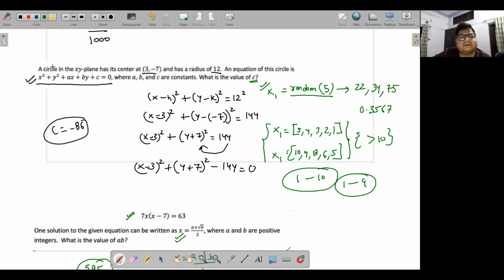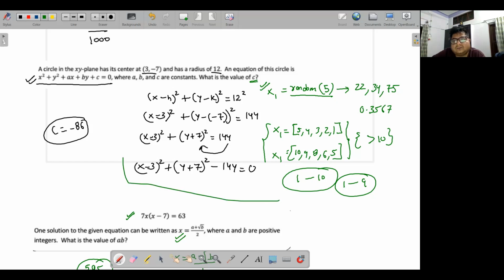It's given that a circle in the xy plane has its center at (3, -7) and has a radius of 12. So the equation of a circle is (x - h)² + (y - k)² = 12², so (x - 3)² + (y - (-7))² = 144. I move 144 to the other side, and we get this equation.